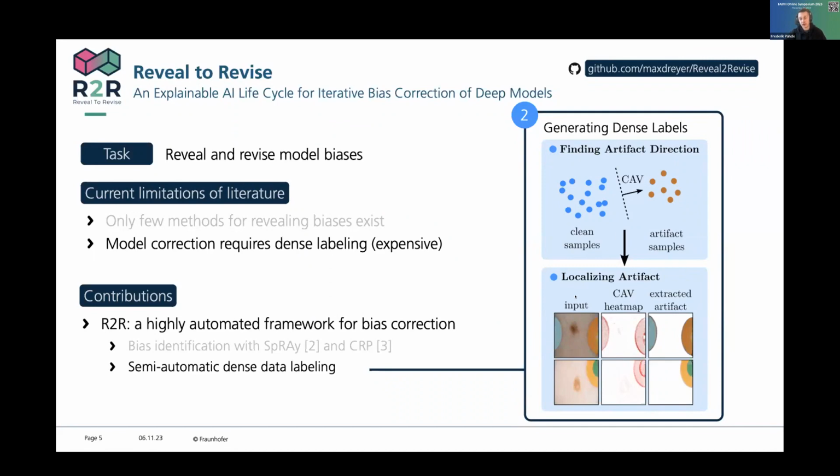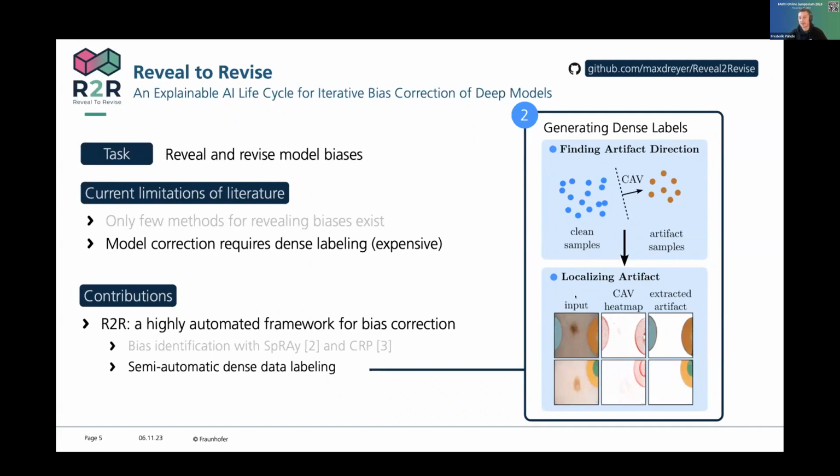So we need the subset of labeled samples to train this CAV, but now we can apply it also on unseen samples to identify even more potentially artifactual samples. And bringing this even one step further, we can also use the CAV to compute explanations for the CAV predictor.